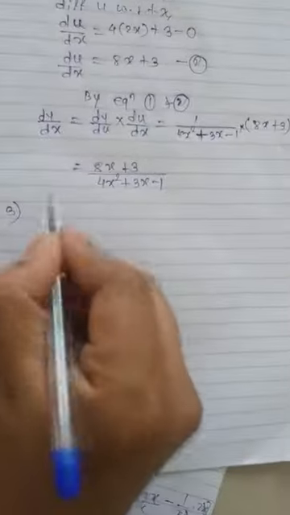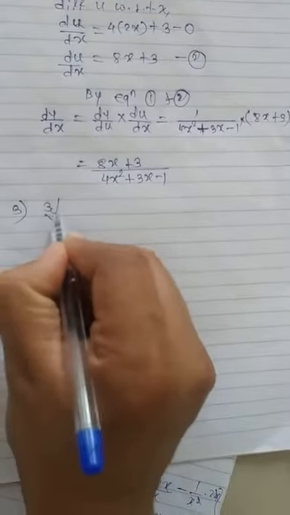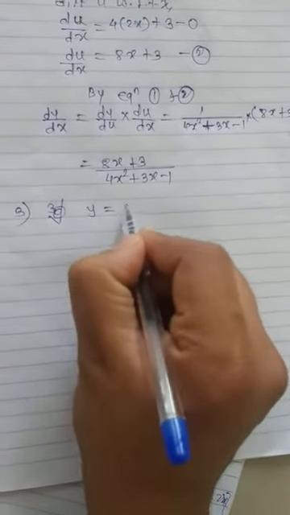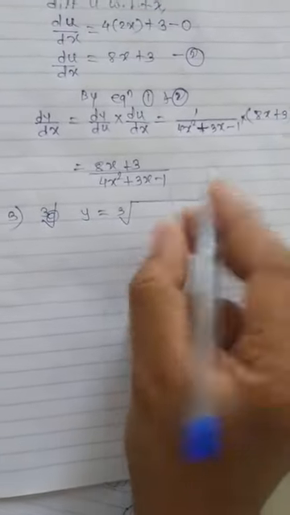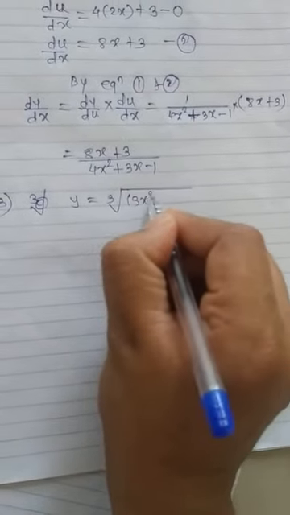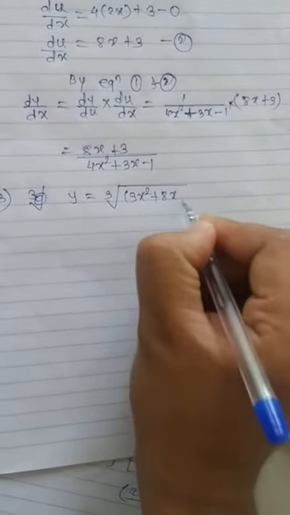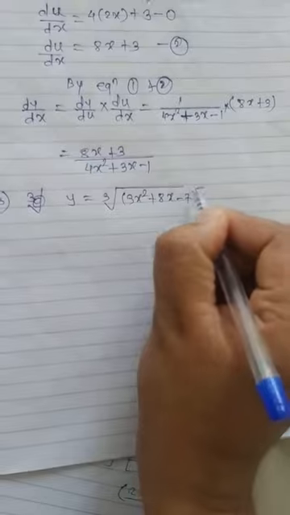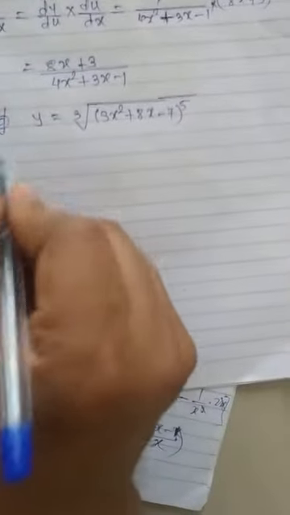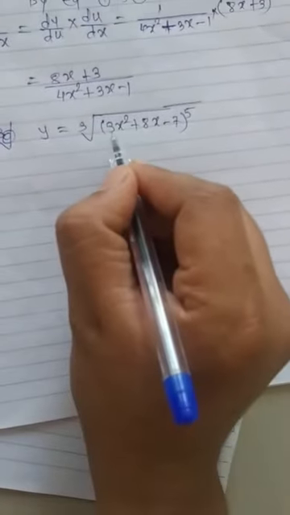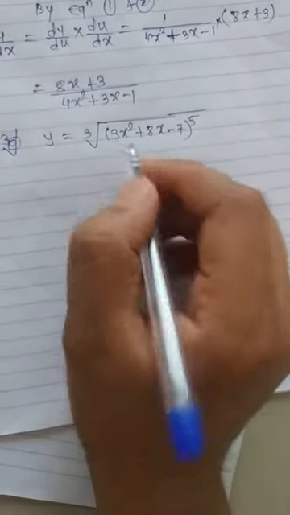Then the third example: y is equal to the cube root of (3x² + 8x − 7) raised to 5. Before taking the derivative, first I simplify this part.